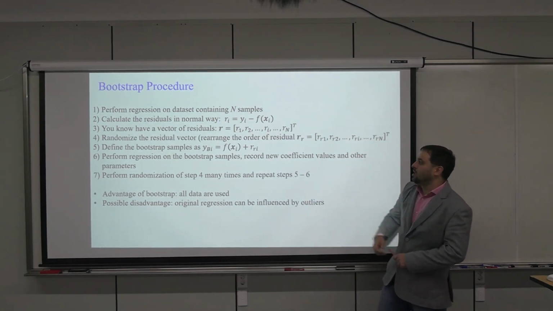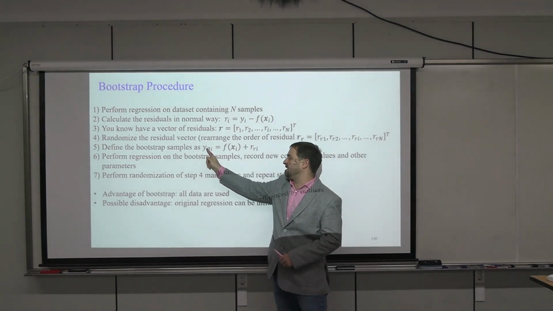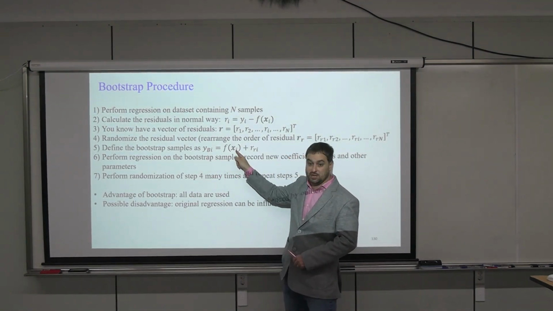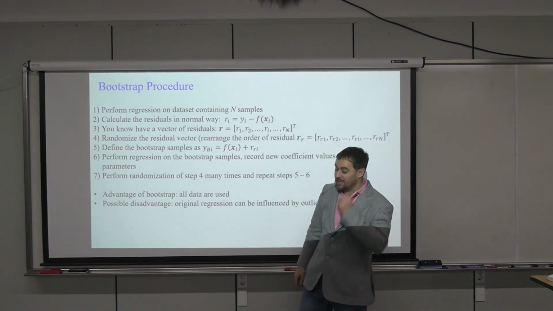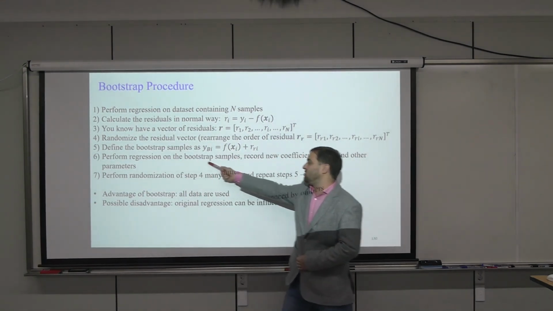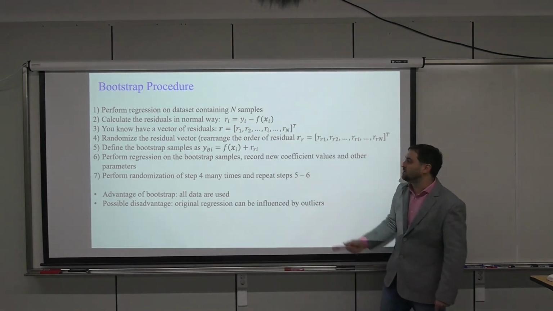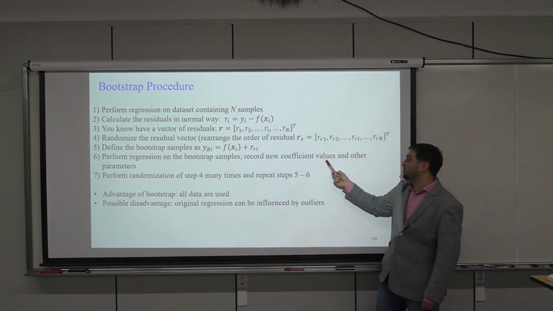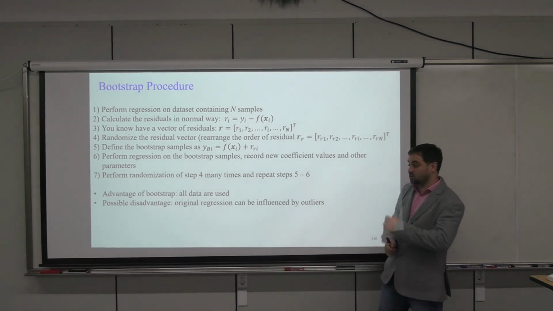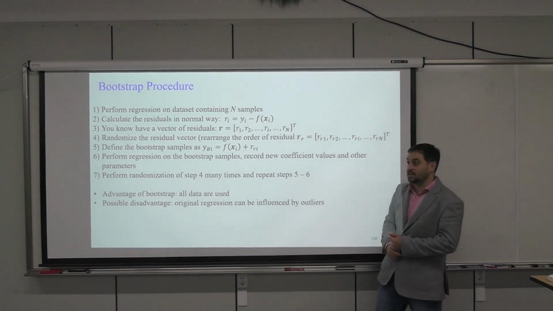And so now we have a new data set, the yBi, the bootstrap output with each input sample. Now we perform regression on the bootstrap samples, and then you record your new coefficient values and your other parameters like R squared, and also your residual sum of squares and things like that.